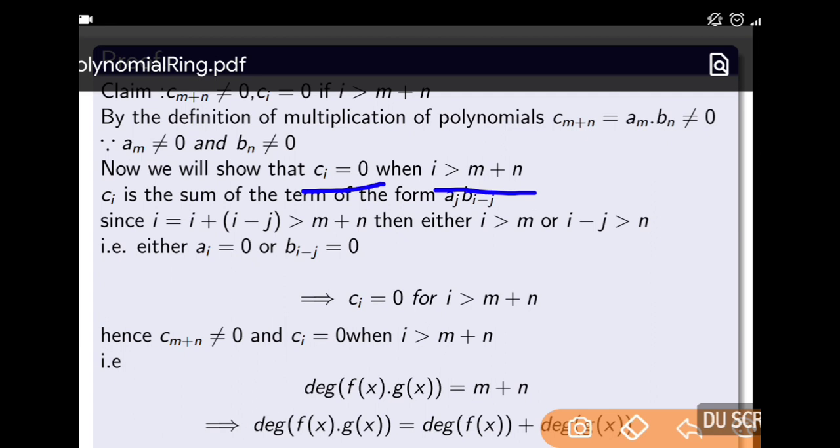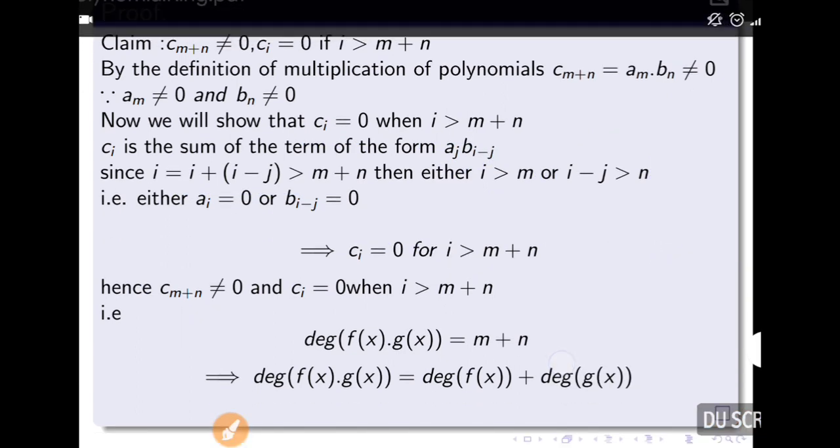As per the definition, c_i is the sum of the terms of the product of this form, a_j b_{i-j}. Now when i is greater than m plus n, that means either j is greater than m or i minus j is greater than n. When j is greater than m, then a_j is 0, and when i minus j is greater than n, then b_{i-j} is 0.